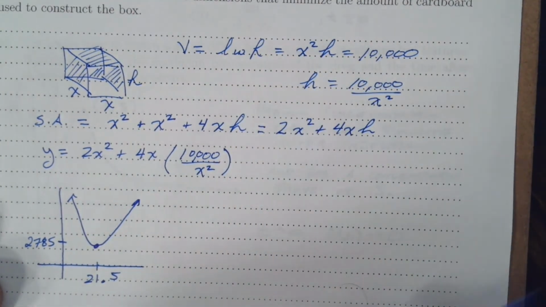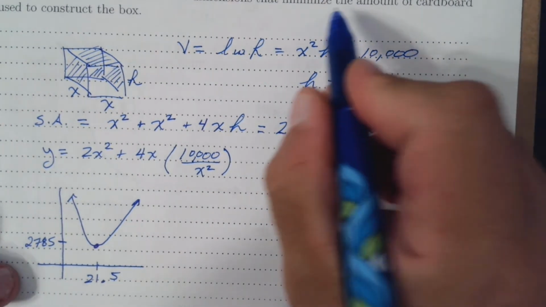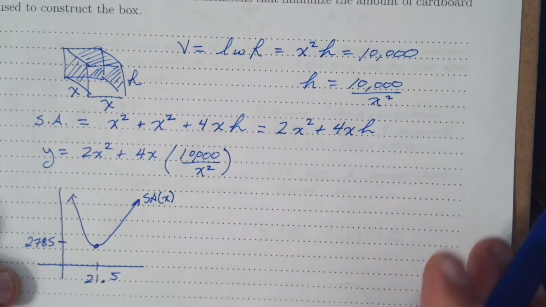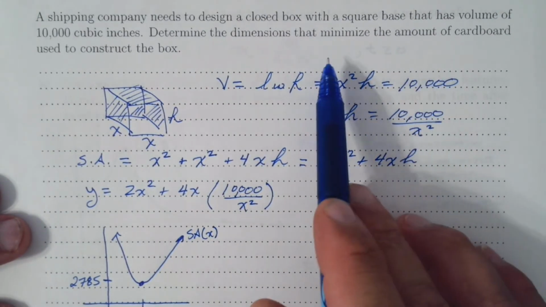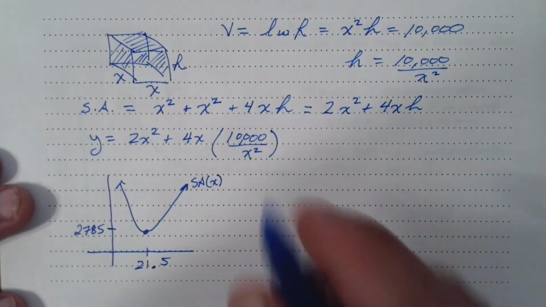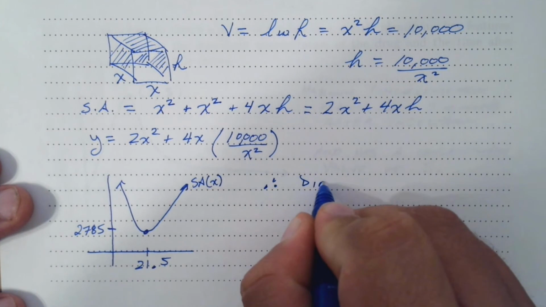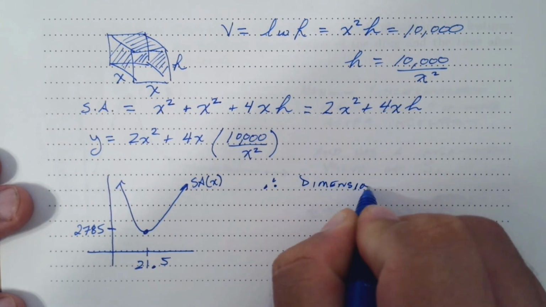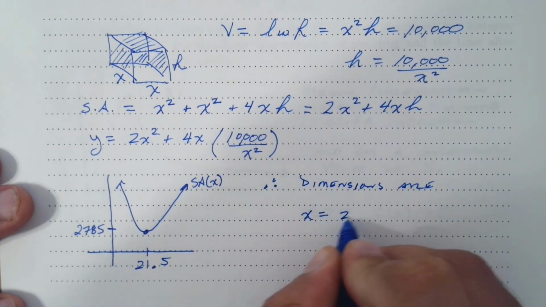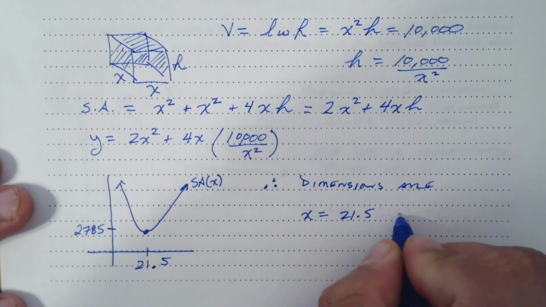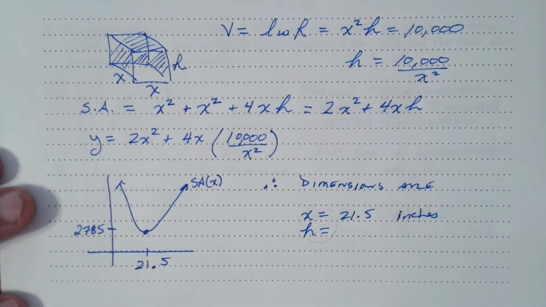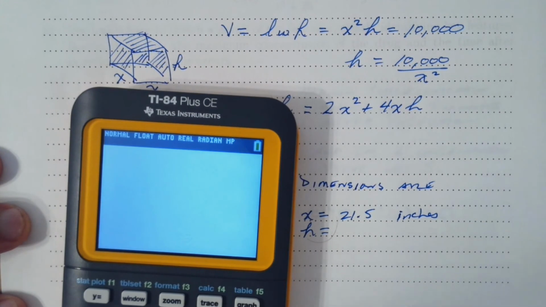So we're looking for the minimum, and this is surface area as a function of x. Over here we were looking for the dimensions that minimize the amount of cardboard used to construct the box. Therefore, the dimensions are x equals 21.5 inches, and h is going to be what?